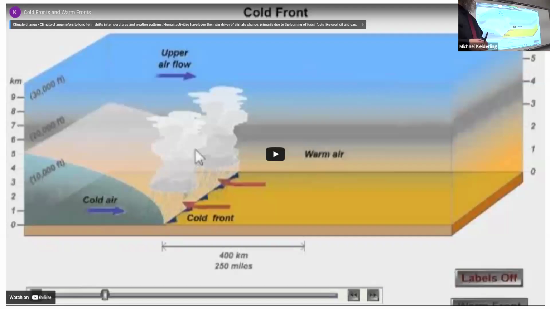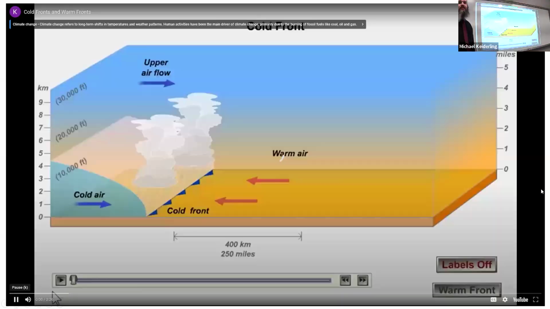So here is an animation and a video demonstrating the two types of fronts. So you can have, this is a cold front with a cold air mass moving into a steady, the warm air that was already there.